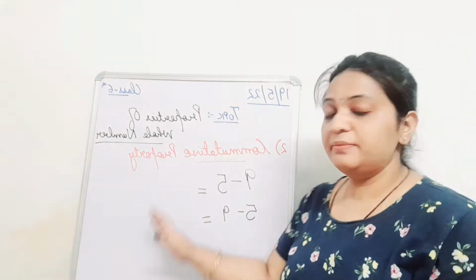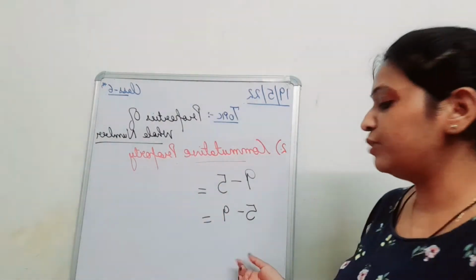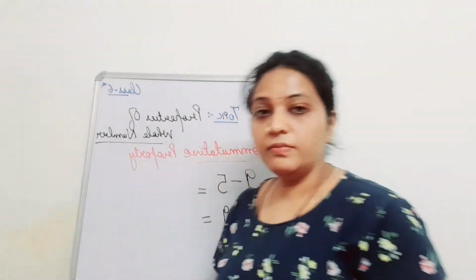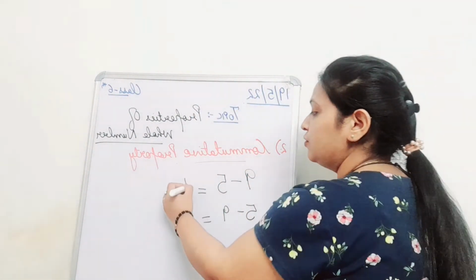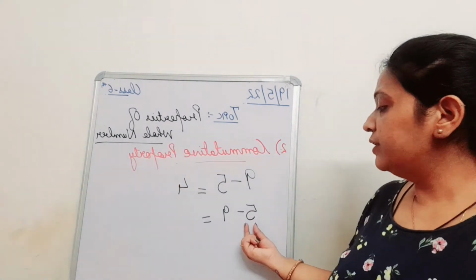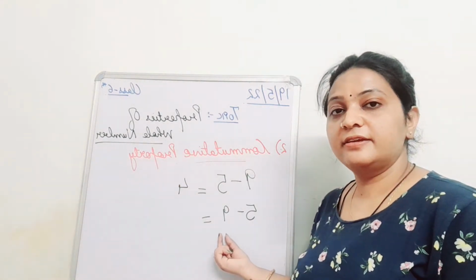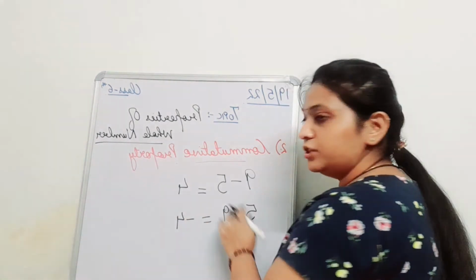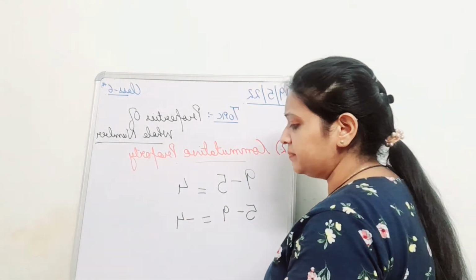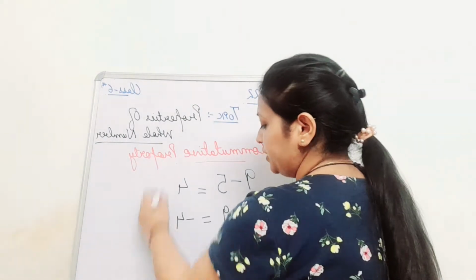And you have to tell me the answer. Give me your answers quickly. Yes. 9 minus 5 will be 4. Okay. What about 5 minus 9? Yes, minus 4. So in both conditions is the answer the same? No. So what does it mean?